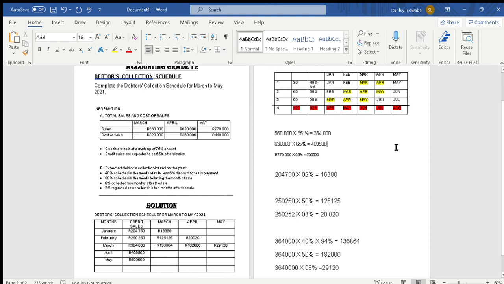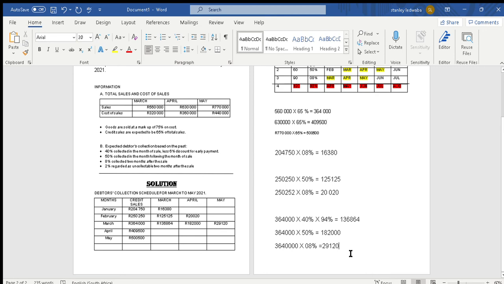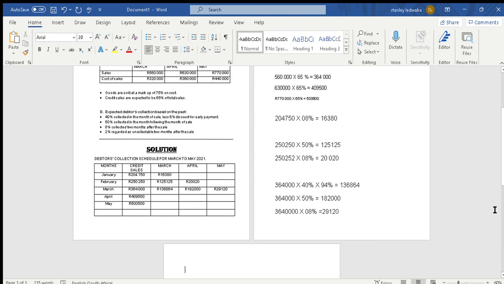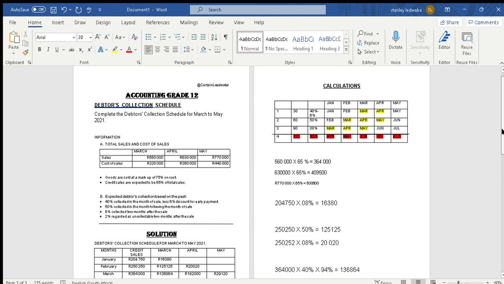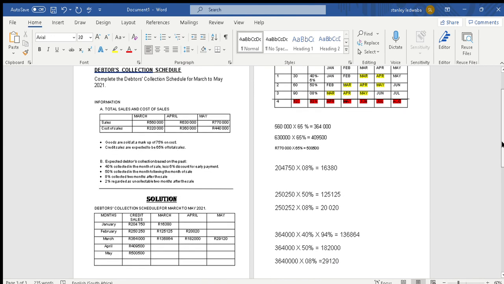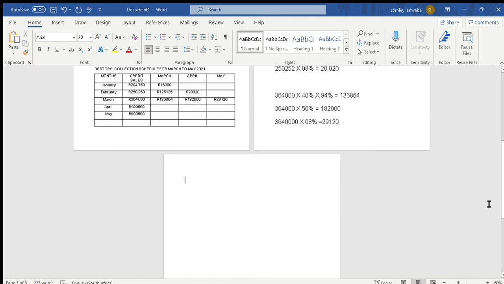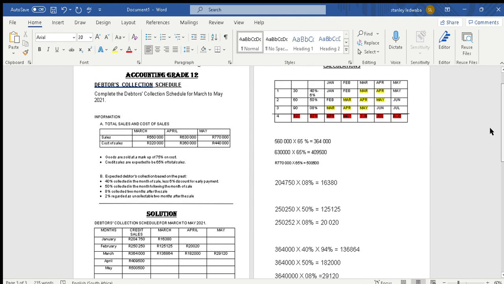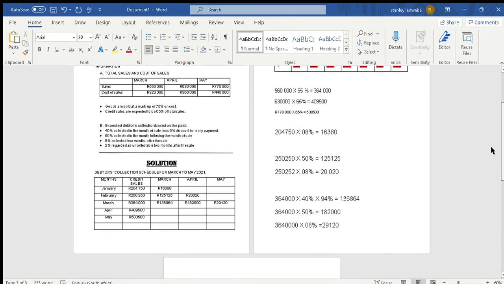Then on April we are going to collect for April 40%, and then less 6% discount.